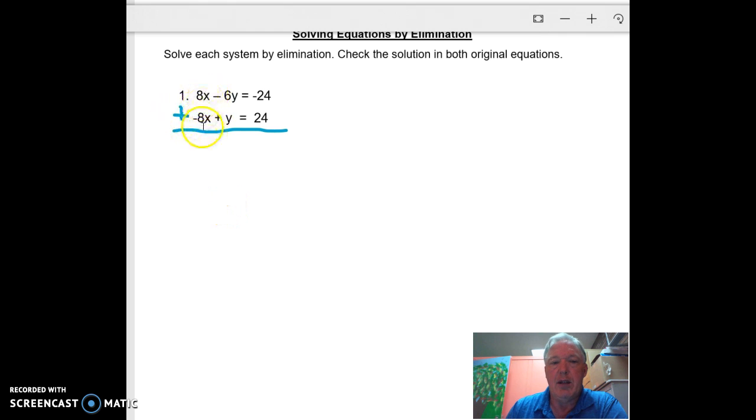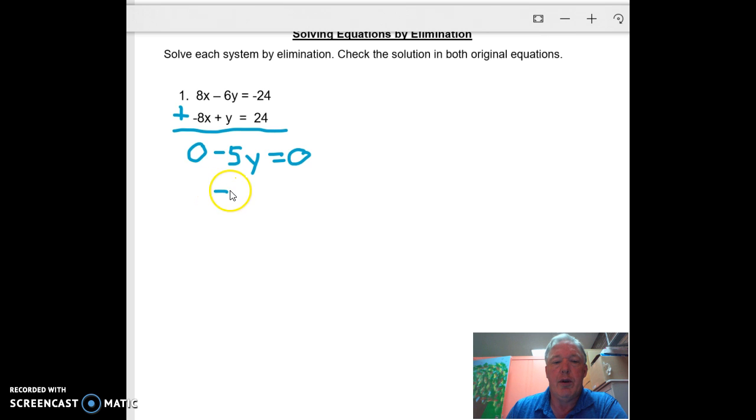When we add these two together, we have to add everything else in the equation. So 8x plus a negative 8x is going to be 0. Negative 6y plus a y will be minus 5y. And negative 24 plus a positive 24 is also going to be a 0.